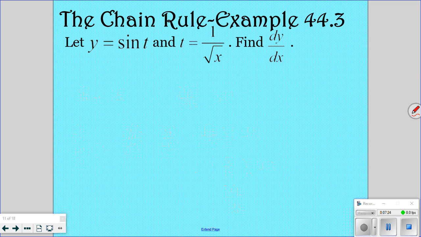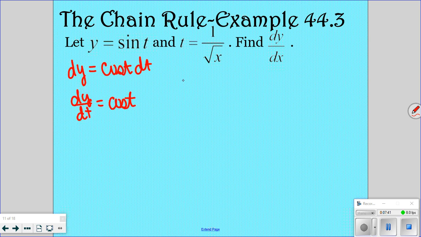Okay, so looking at this one, we're going to do chain rule again. So dy, the derivative of sine is cosine, and then dt. So dy over dt equals cosine of t. And then I need to rewrite this one first. So when we have 1 over x to the 1/2, that's going to be x to the negative 1/2.